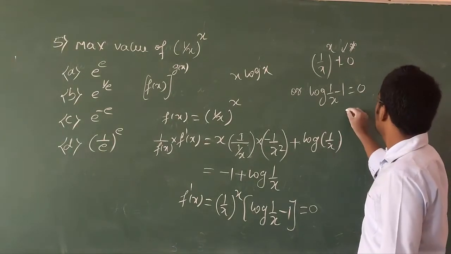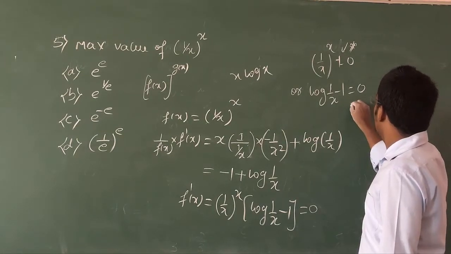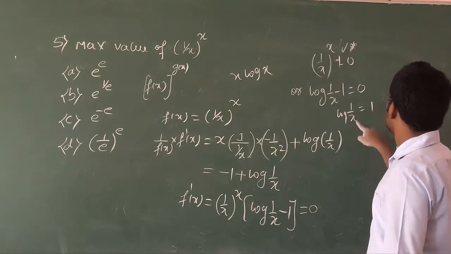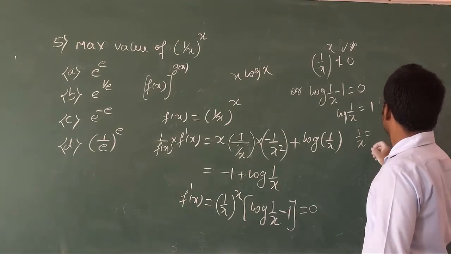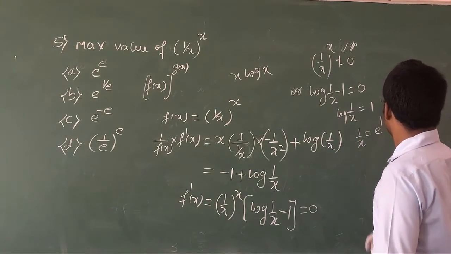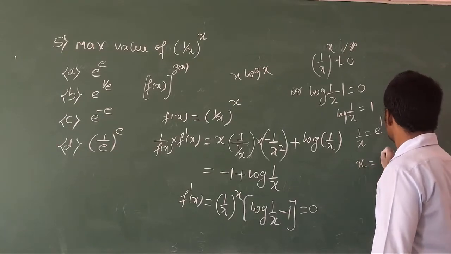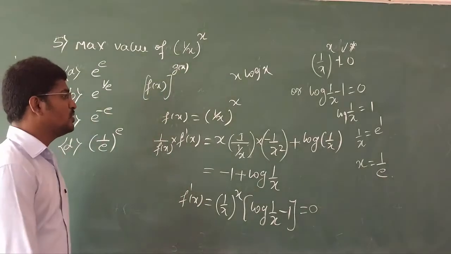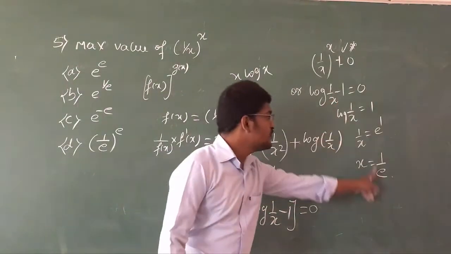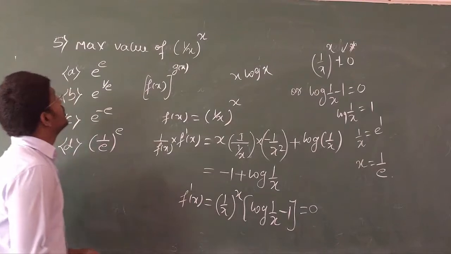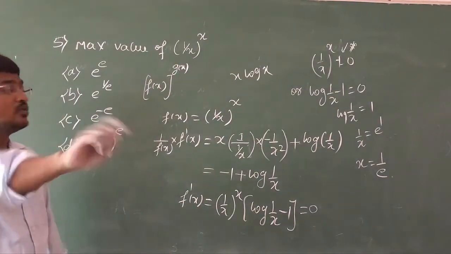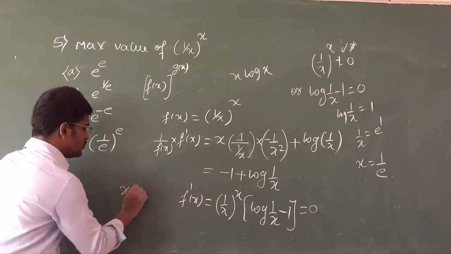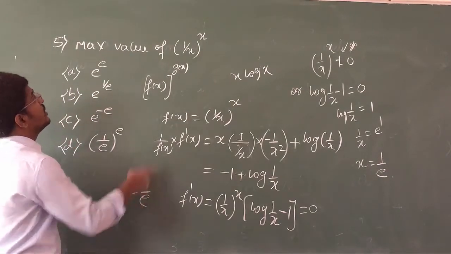This term must be equal to 0. What you are going to have? You are going to have 1 by x log, this is 1 by x equal to e to the power of 1. So x will be equal to 1 by e. X will be equal to 1 by e. If you simplify these terms, therefore your maximum term will be what? Put x equal to 1 by e in f of x.